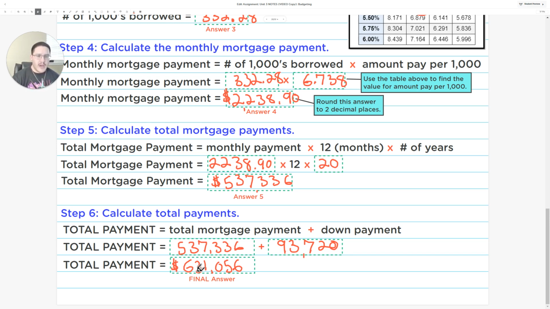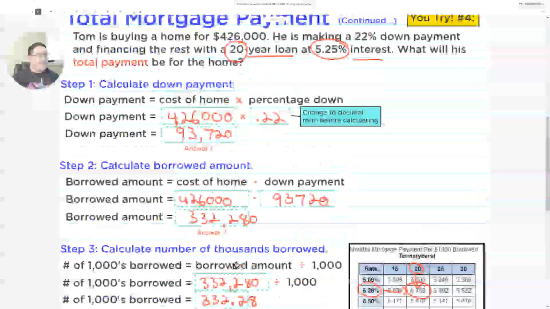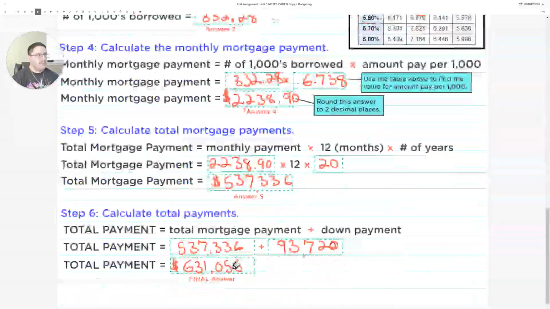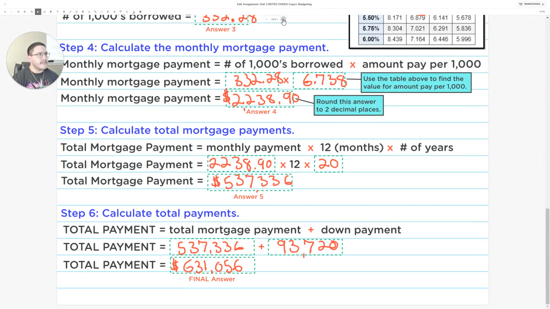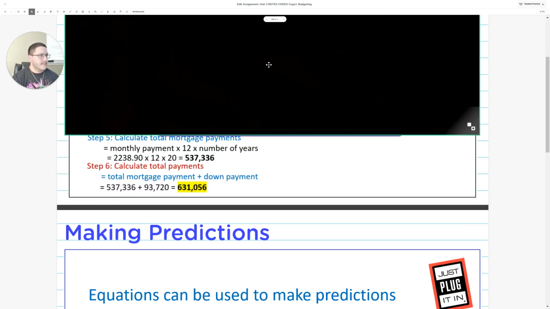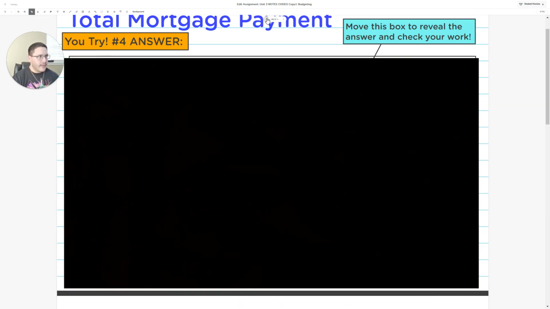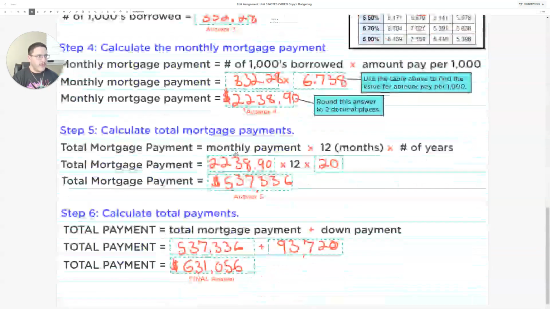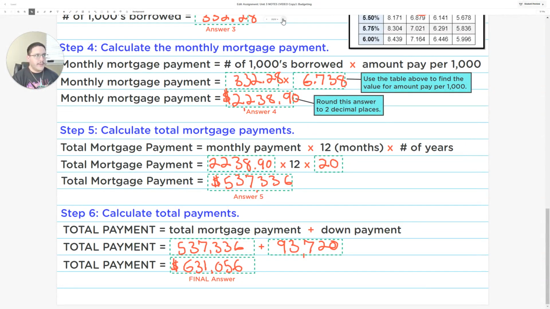Again, there are pros and cons to using mortgages to buy a house. This is one of those cons, but it makes it manageable, but for a lot more money. That's it for You Try number 4. Yeah, I believe we got the right answer. 631,056. Yep, we did.